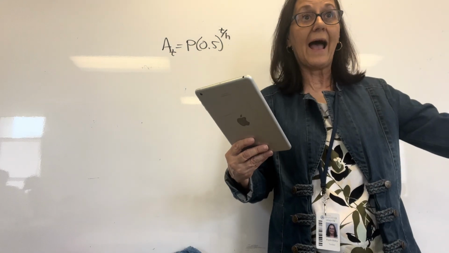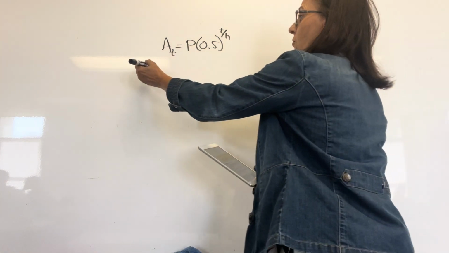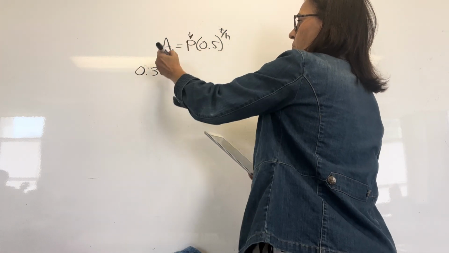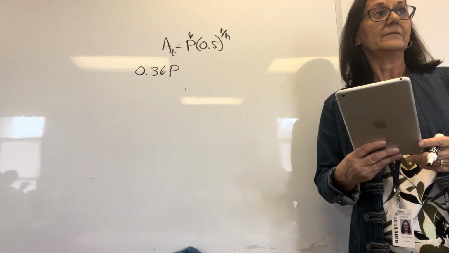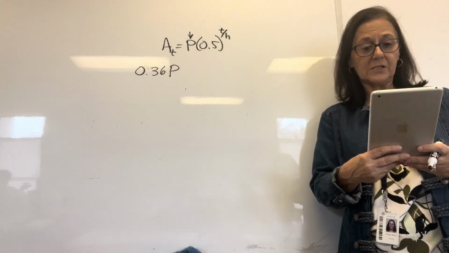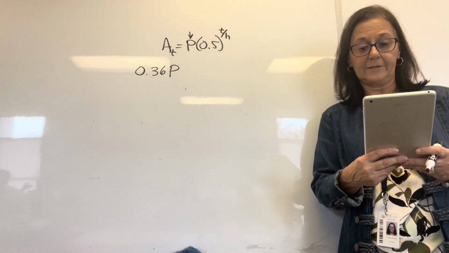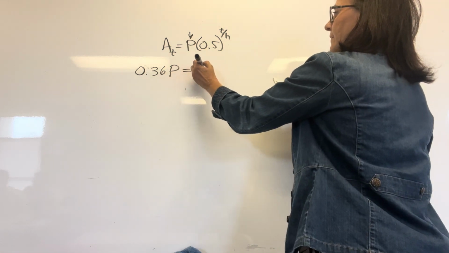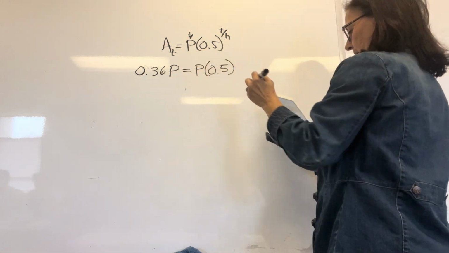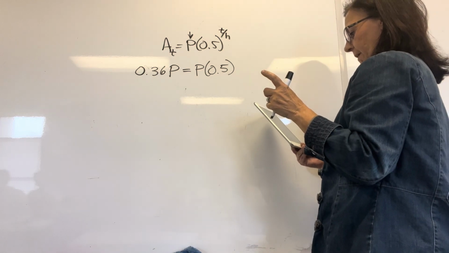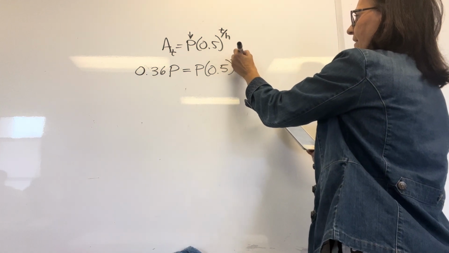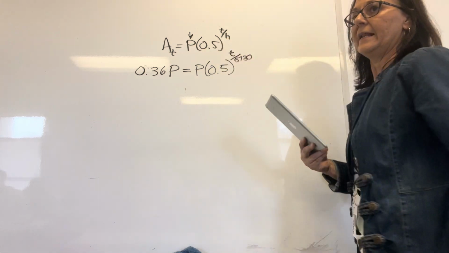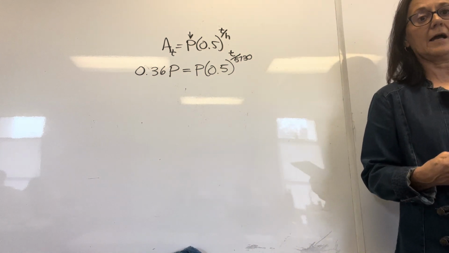Of the original amount, right? 36% of the original amount is what's left. The half-life is 5,730 years. How long ago did it die? So we're solving for time.